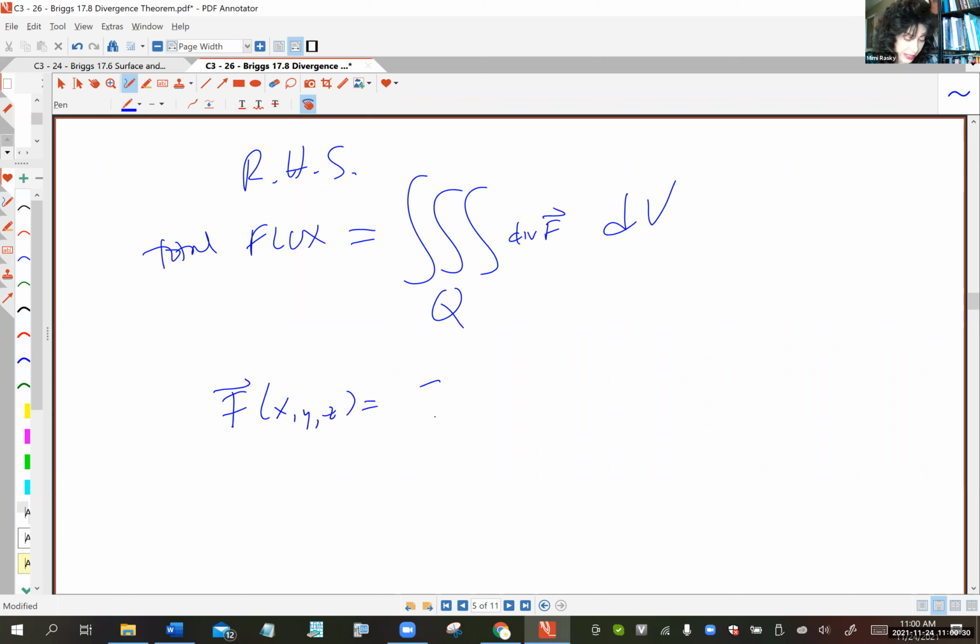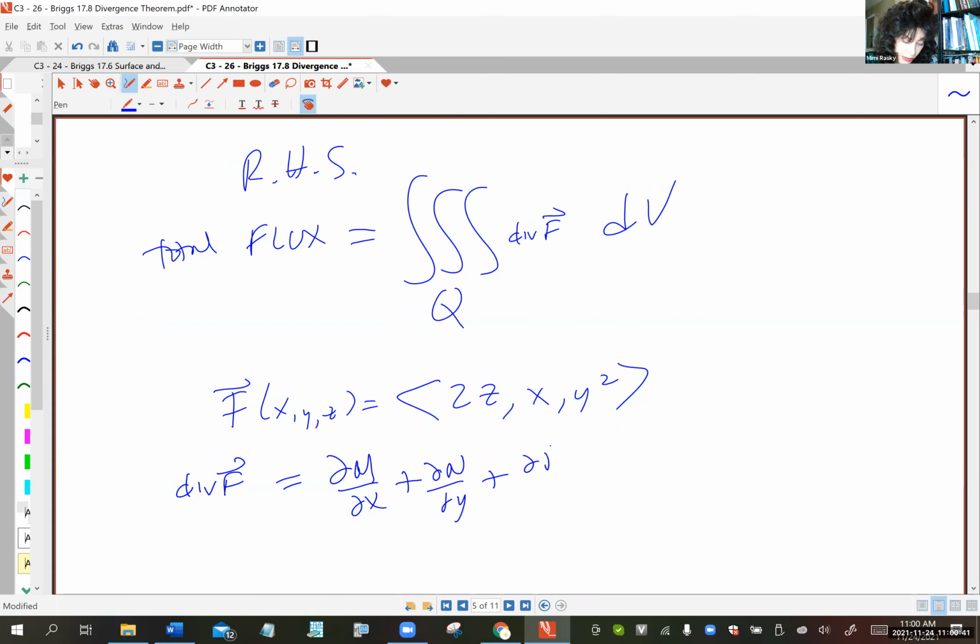I'm just going to copy it down here, looking at my notes. So what is the divergence of F? That's going to be dM/dx plus dN/dy plus dP/dz, where there's M, N, and P. Okay, cool. Let's do it. Partial of M with respect to x.